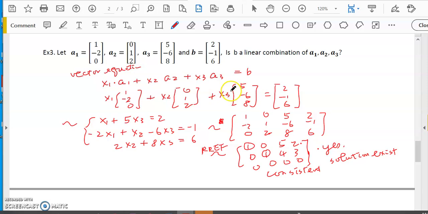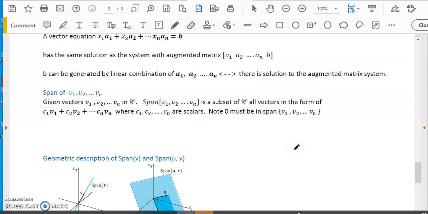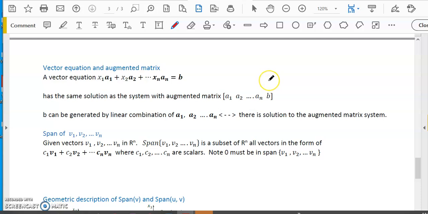If I have vectors, I can go directly to the augmented matrix, because the augmented matrix is the column vectors and the resulting vector: (2, -1, 6) is B, the result at the other end, and A1, A2, A3 are here. So solving a linear combination question is the same as solving the augmented matrix [A1 A2 A3 B].